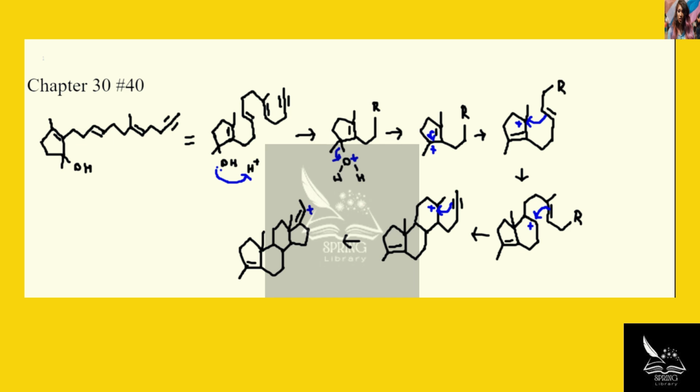Right. And so this intermediate is going to have a positive charge there now. And so water is floating around. And so one of the lone pairs on a water oxygen is going to be able to come in and add to that carbocation.